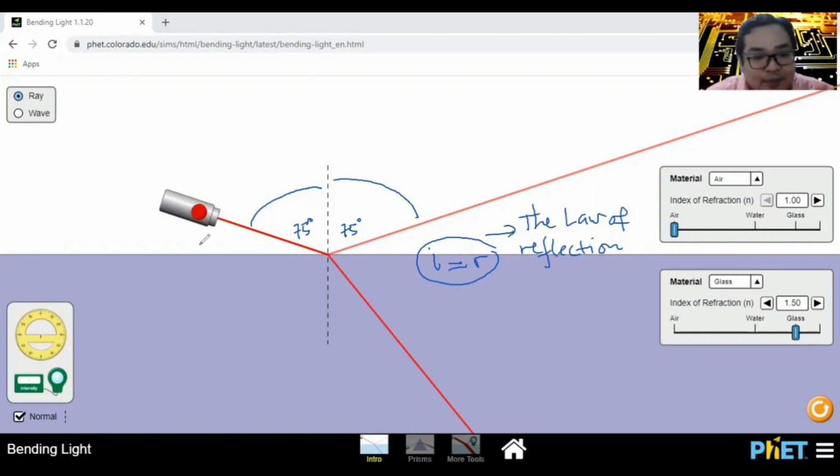So when the ray of light falls on a smooth surface, the angle of incidence and the angle of reflection must be the same. This we call specular reflection. Basically, the reflection will be in one direction.